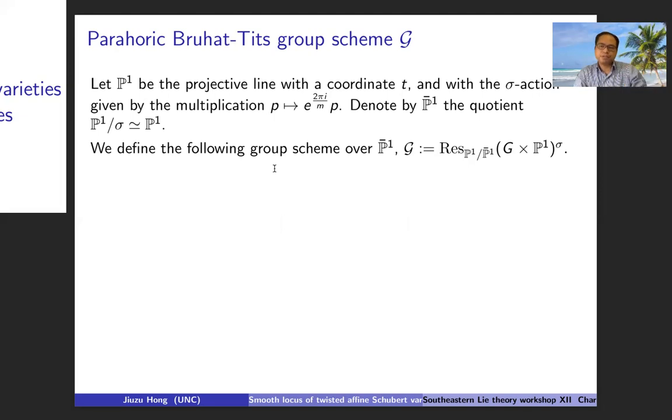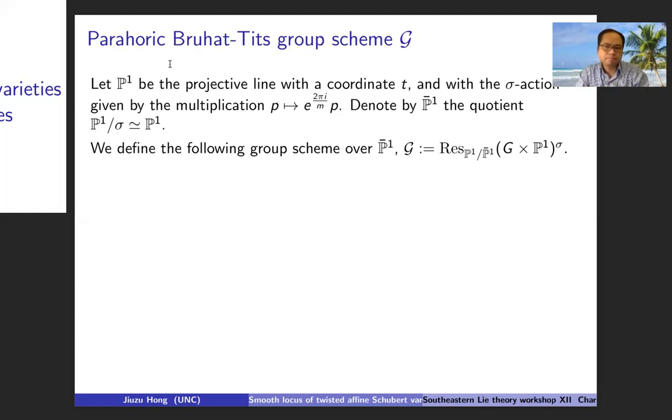Generically, it will be the usual affine Grassmannian, and at 0, let's say we have A1, it will be the twisted affine Grassmannian. And in fact, we have a global version of Schubert varieties. Generically, it will be the usual affine Schubert variety, and at 0, this special point, the fiber will be twisted affine Schubert varieties.